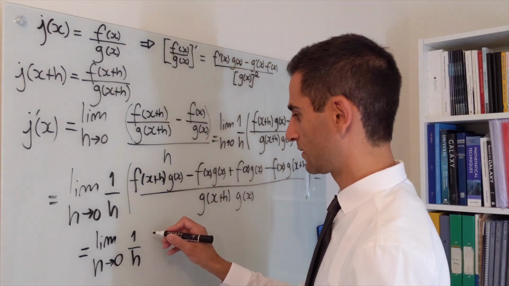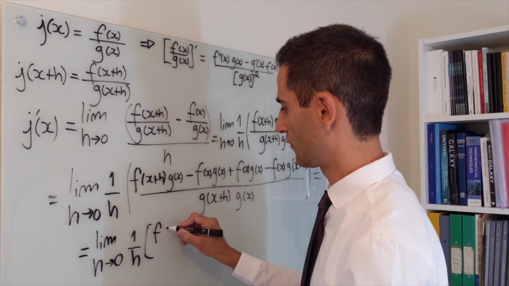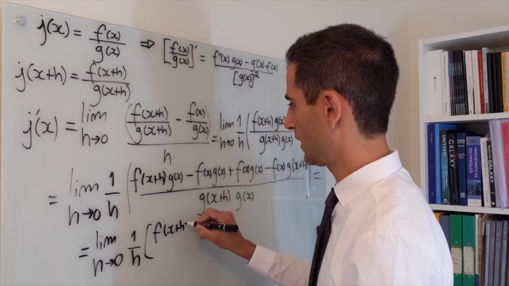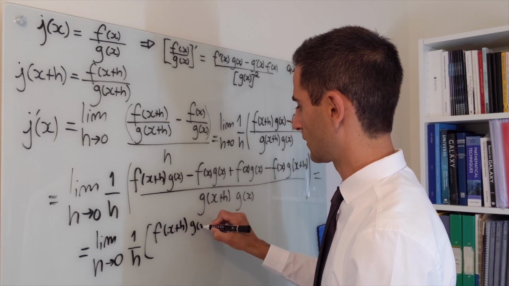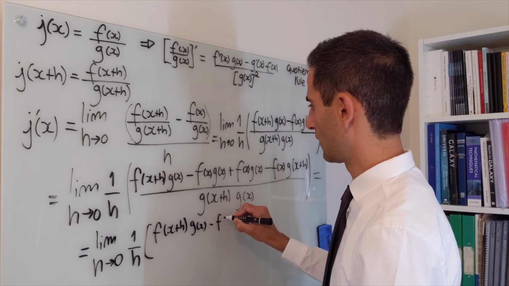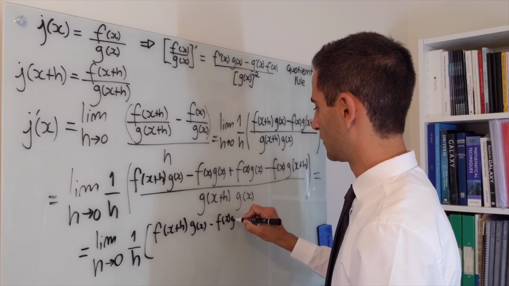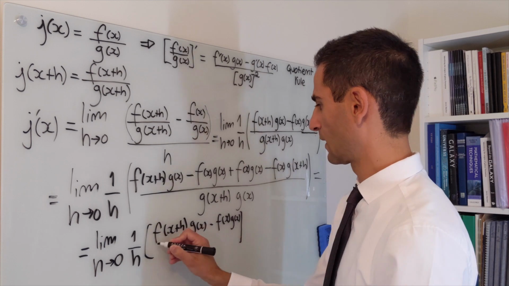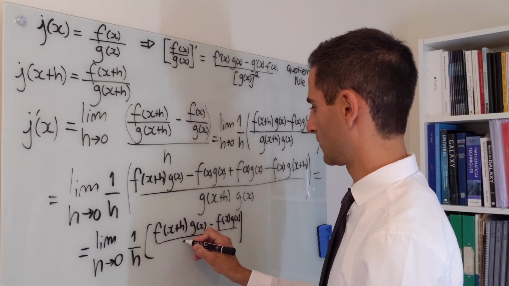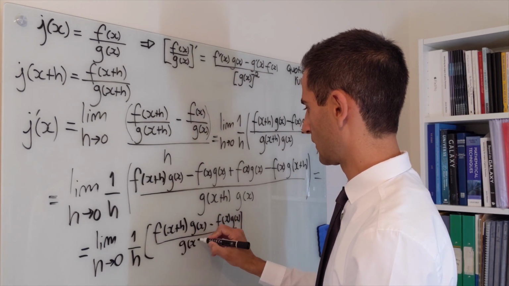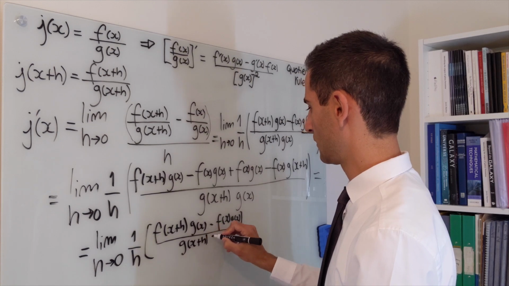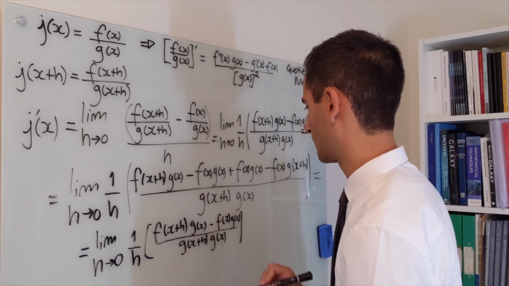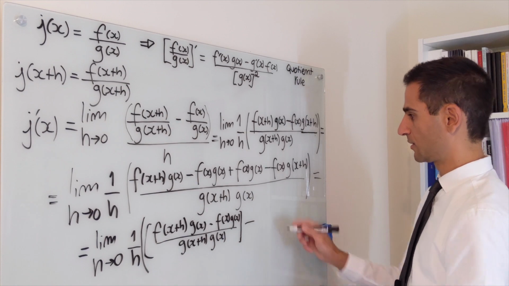We're going to write this as f of x plus h times g of x, minus f of x times g of x, divided by g of x plus h times g of x, and we're going to subtract.